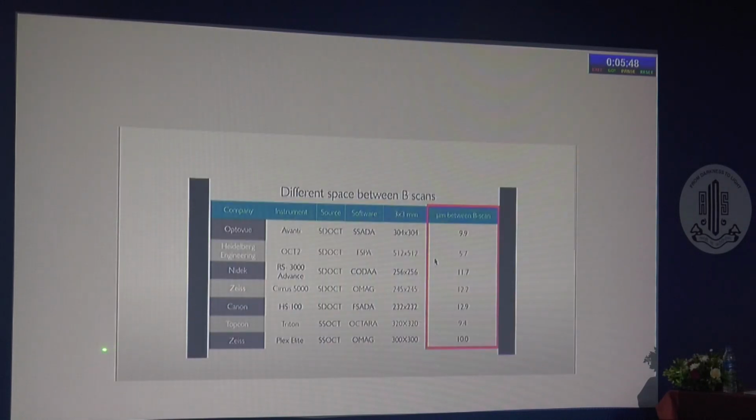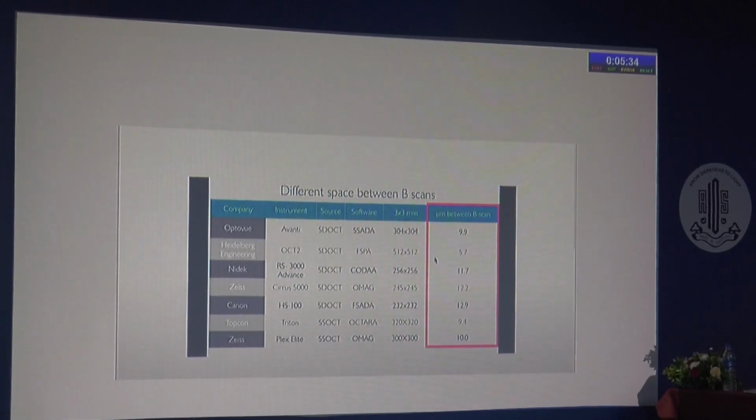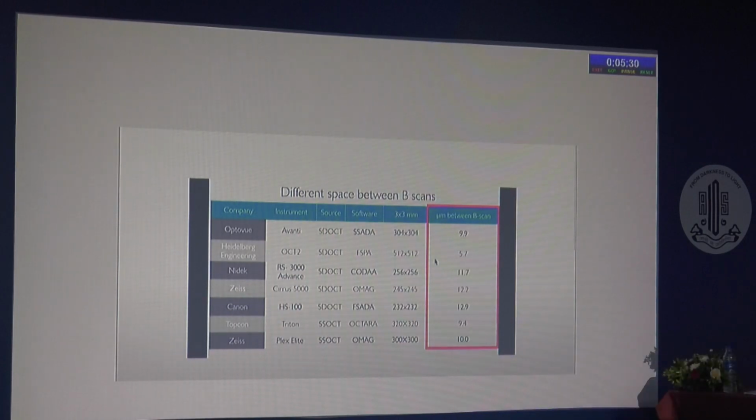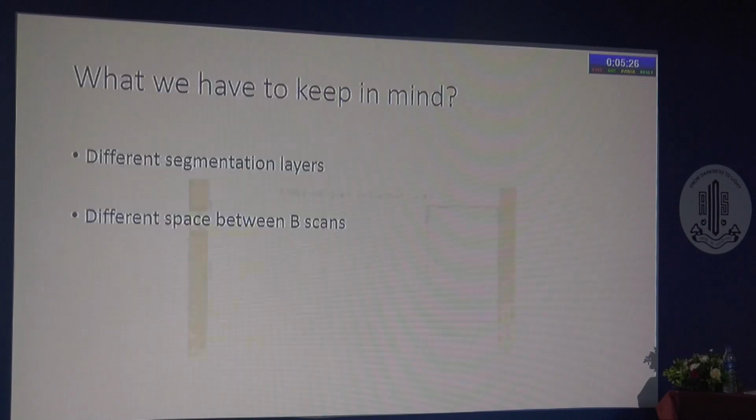There are various machines which use different sources and software. Some are HD, some are swept source, and the resolution is different, and they are increasing the resolution. The only issue is that with all our OCTs, we have superficial ones; only the swept source can go deep, or you have EDI where you press and segment the layers separately.